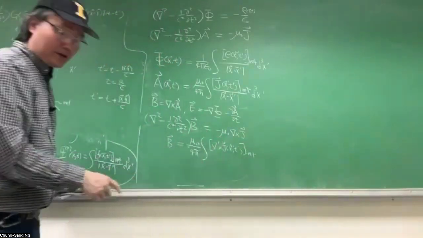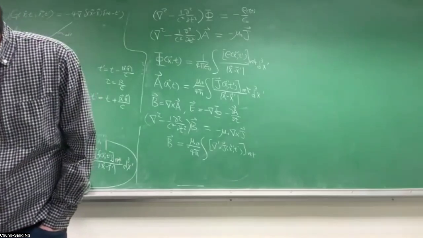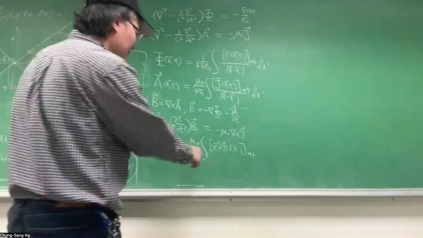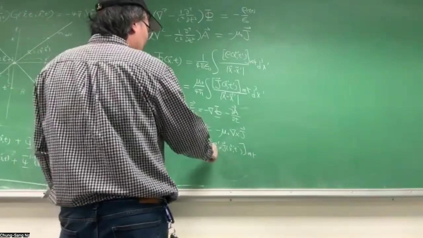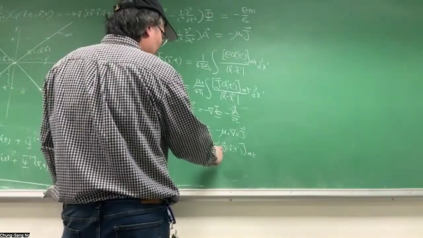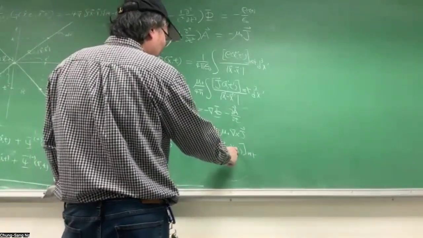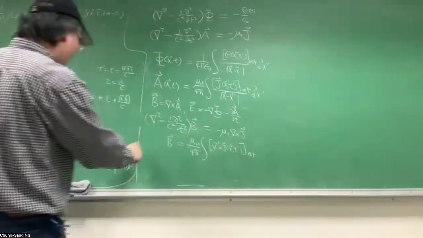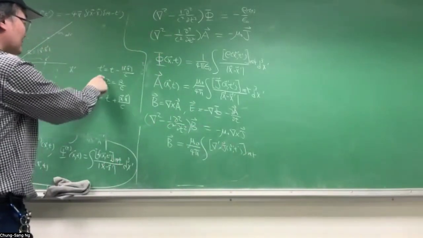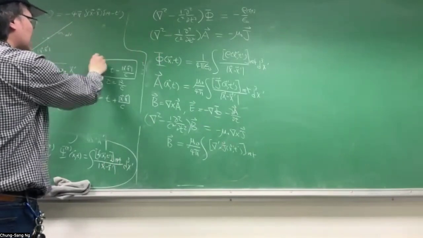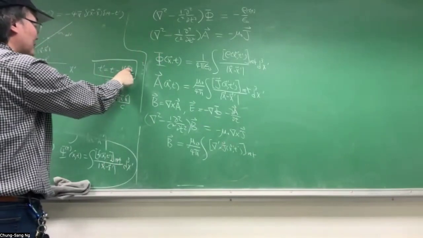But you need to be a little careful in this formulation, because this retarded bracket means whenever you see t prime, you change it to t minus |x minus x prime| over c.